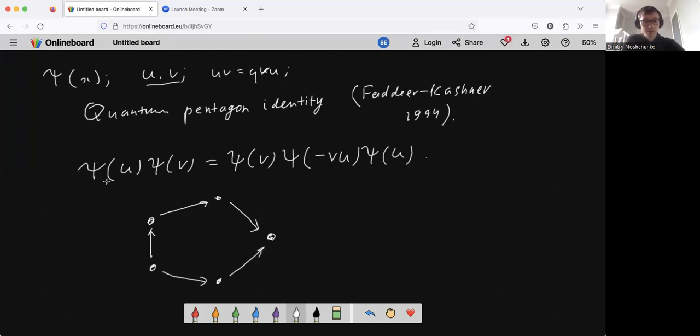The one with 2 steps is on the right-hand side, and the left-hand side has 3 steps. In this picture, one can just draw it. Probably I should write v first here, because we first act by v and then we act by u. So first act by v.